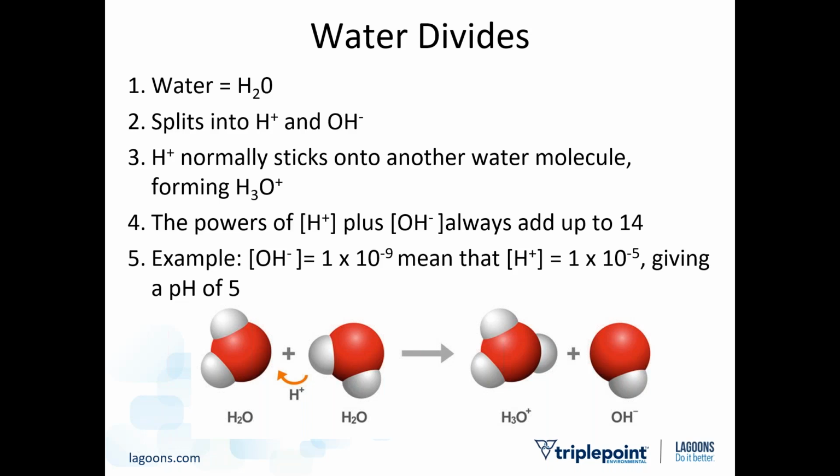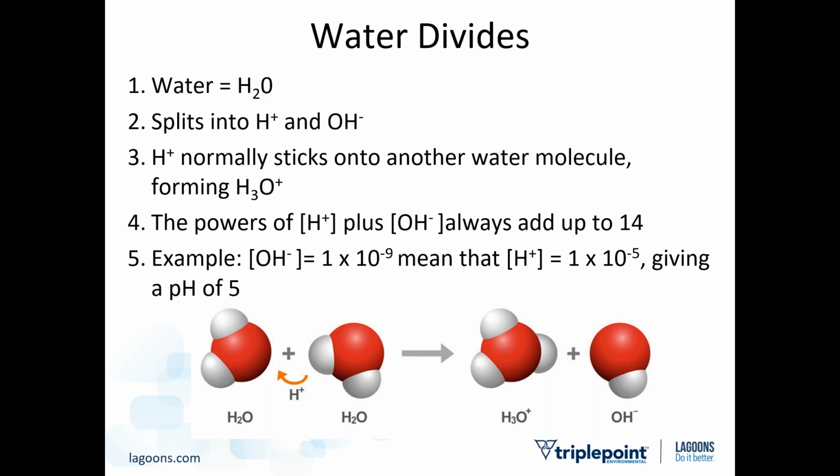So when you've got water splitting up like this, there's a chemical law that the powers of H+ and OH- always add up to 14. Every chemical has a way that it balances, the way that it splits according to different pH and different chemical balances, and for water, the magic number is 14, which you'll notice is why the pH scale runs from 0 to 14. It's for exactly this reason.